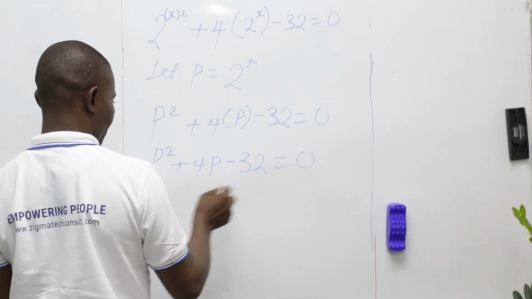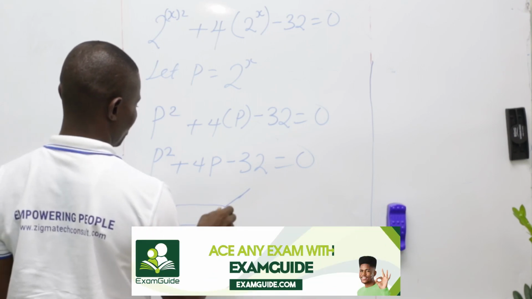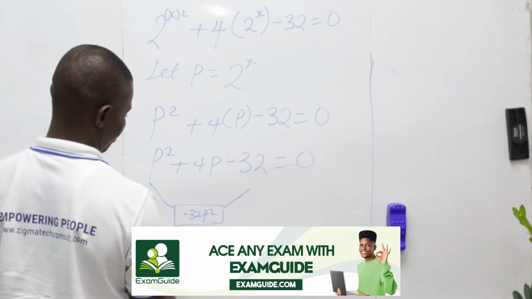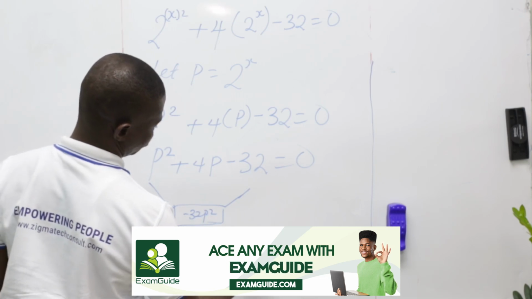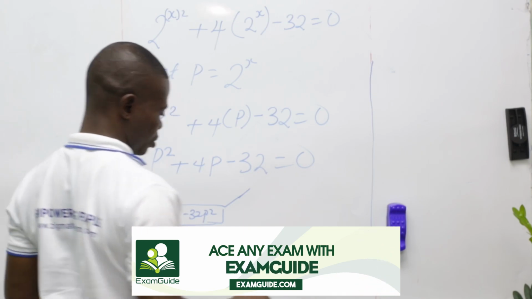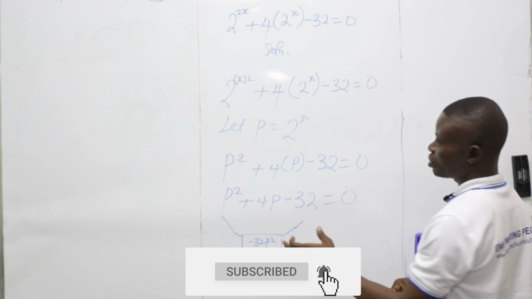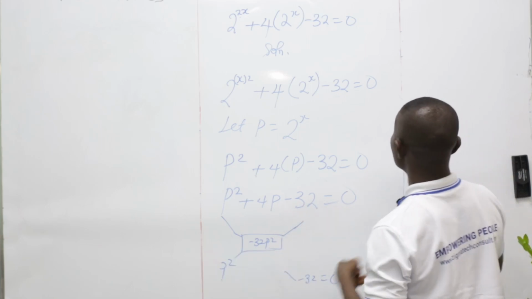So that when I factorize, I am linking now by linking method: minus 32 P squared, bring down P squared, bring down minus 32, all equals 0. By linking method, 4 times 8 will produce 32.